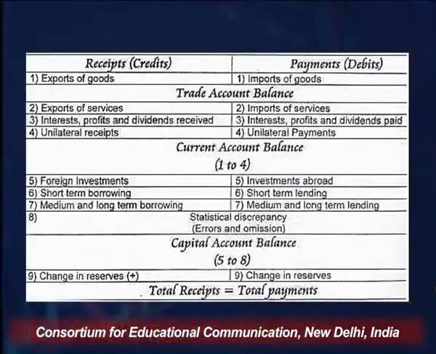So this is an example of how receipts and payments are taken into account, like exports of goods on the credit side, then exports of services, and so forth. This is how the balance of payments account is maintained, how the current account entries are made, and how capital account balances are maintained, and the total is then known as the balance of payments.